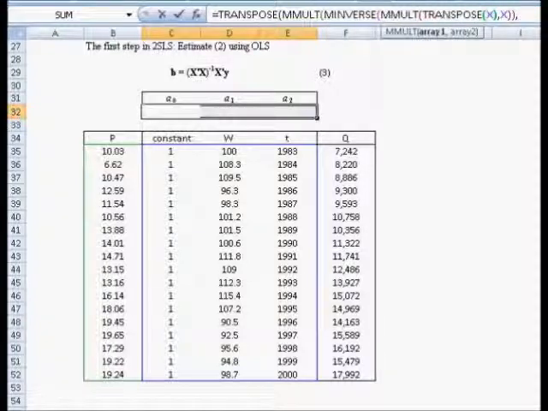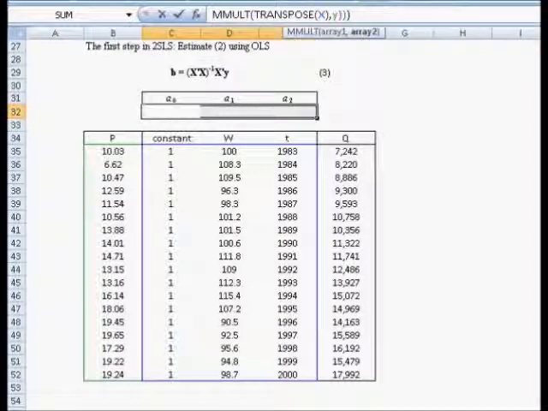Transpose X, comma, X. Close parentheses twice. Then type M multiply, open parentheses, transpose, open parentheses, X, comma, Y, and then close the parentheses 3 times. And then hold down Shift and Control simultaneously, and hit Enter.